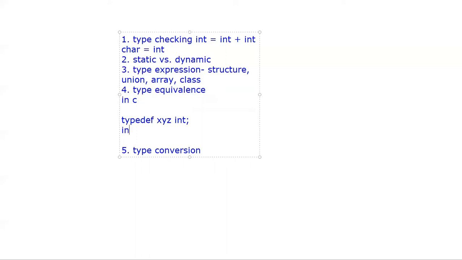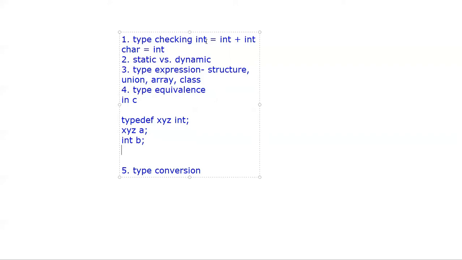Now, after that, I have defined two variables. One is xyz a and one is int b. Now, how will the compiler know whether the types of a and b are equal or not? Who will define this?